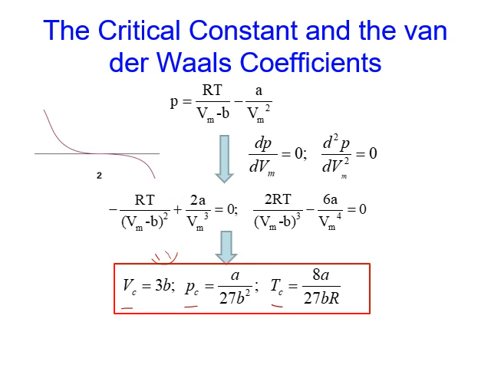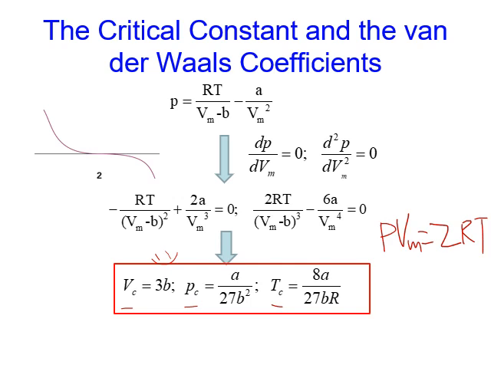Now, one interesting result is when we calculate the Z factor at the critical point. For any gas, we can write PVm equals ZRT. So if it's an ideal gas, Z is 1. If it's a non-ideal gas, then Z is not 1.